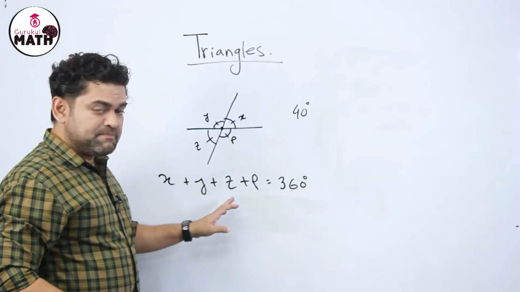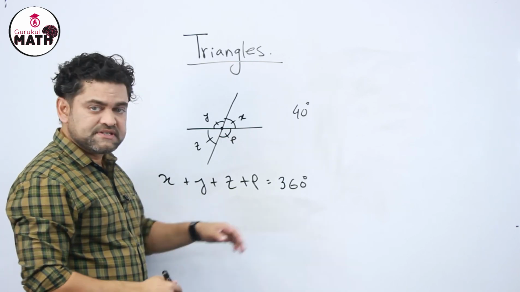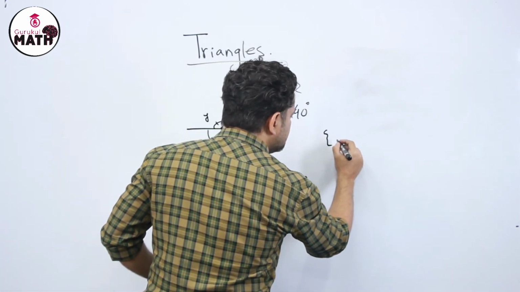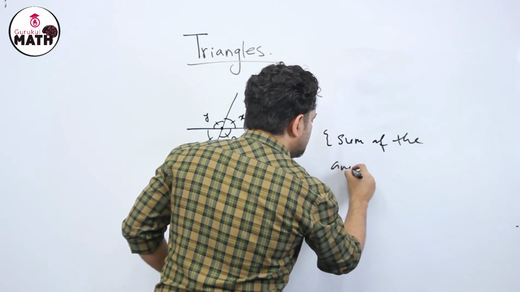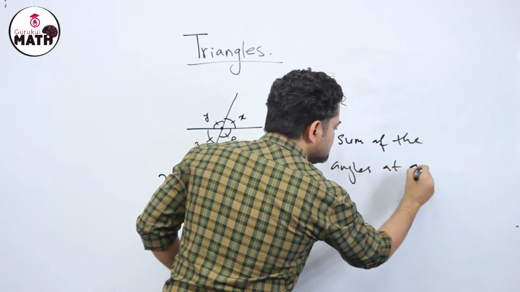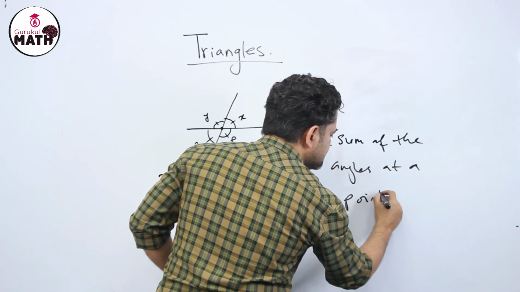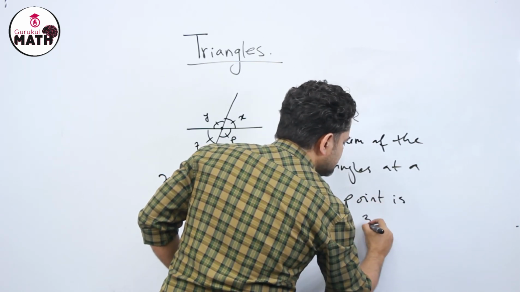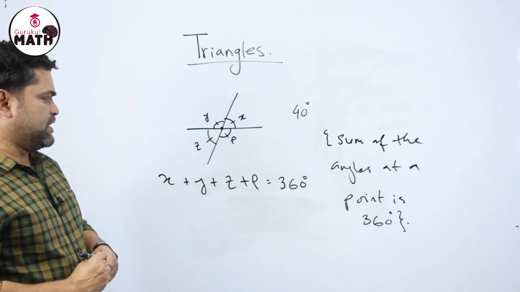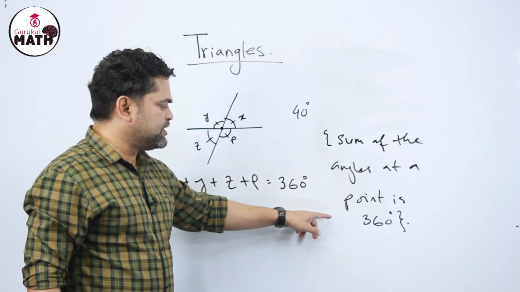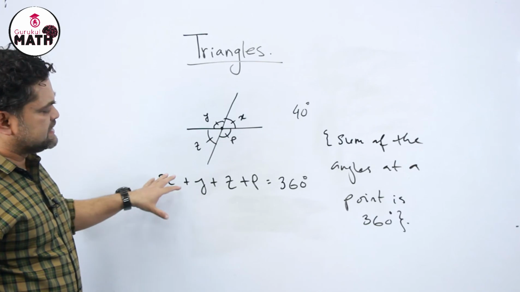So X plus Y plus Z plus P equals 360 degrees. So my logic will be: sum of the angles at a point is 360 degrees. Sum of the angles at a point is 360 degrees. That's how we can say that.